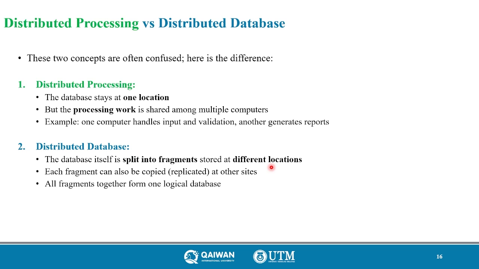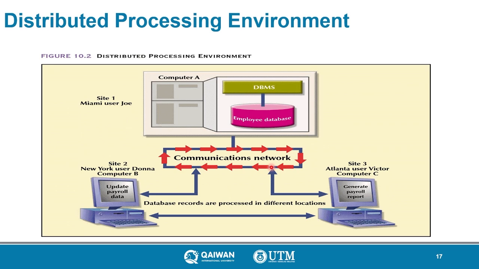Each fragment can also be copied, by which we mean replicated, at other sites, all fragments together forming one logical database. Now we have site 1, site 2, site 3. Sites 2 and 3 can all access the site 1 computer or the DBMS through a network. And database records are processed in different locations, as we said.